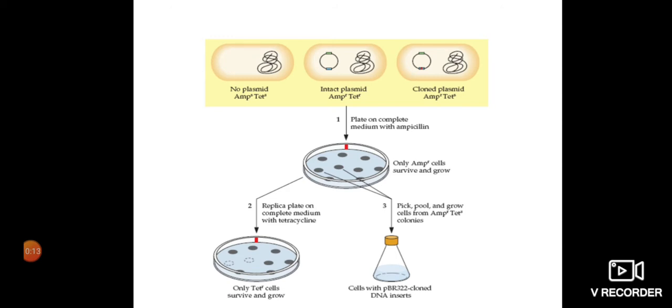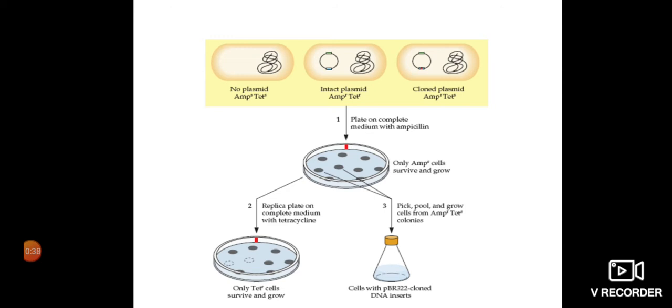So now in the replica plate having tetracycline in the medium, we have to identify those colonies which are not growing on the plate, because they are the colonies which are carrying the target DNA. That particular cell can then be picked up from the master plate and used further.